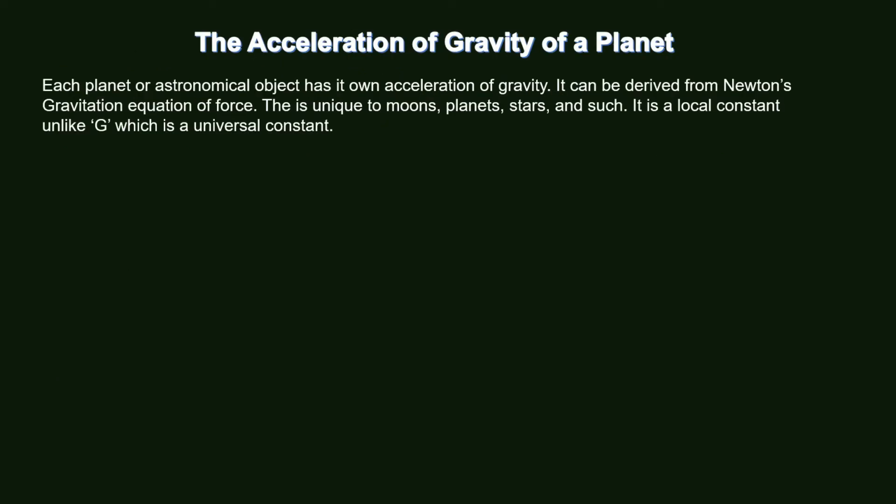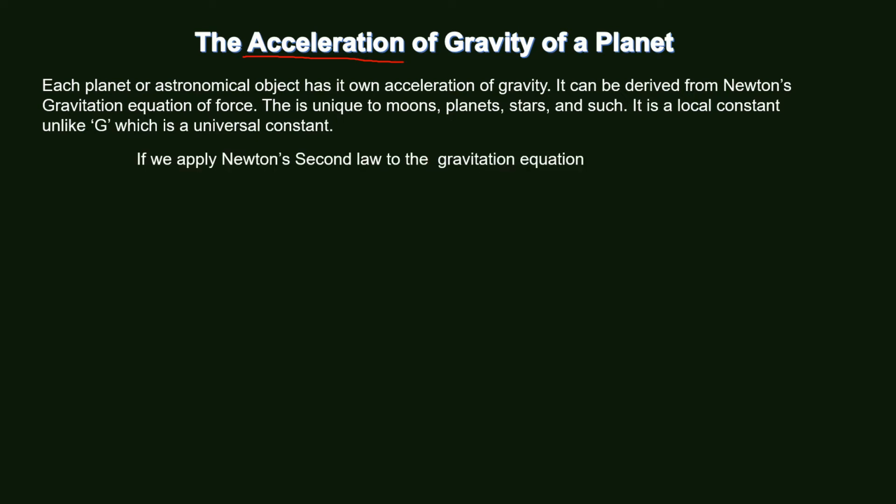Let's move on to now the acceleration of gravity of a planet. What is acceleration? Well, that is our g, okay? It's unique to moons, planets, stars, and such. It's a local constant, unlike big G, which is a universal constant.